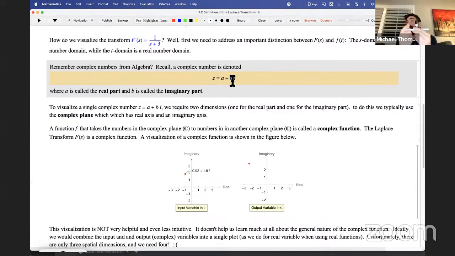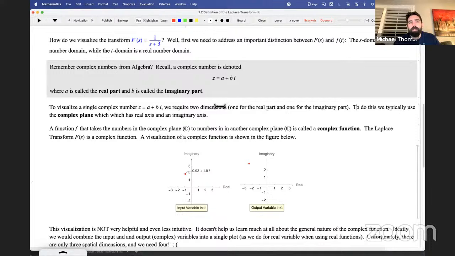So if we had a number like, let's say, 3 plus 2i, we would go 3 in the real, up 2 in the imaginary, and then plot our point. It requires two dimensions to graph a single complex number, and that's difficult. That's unfortunate, because for reals you only need one dimension. So we do this in the complex plane.